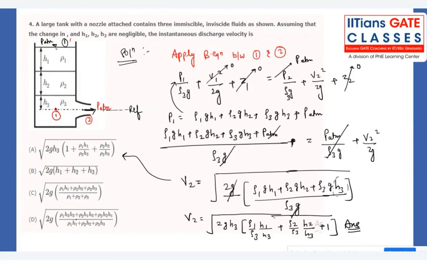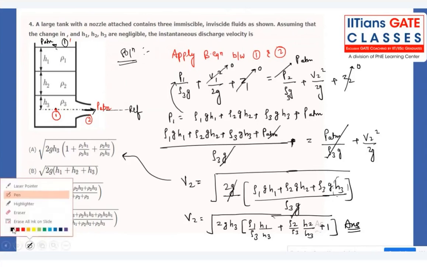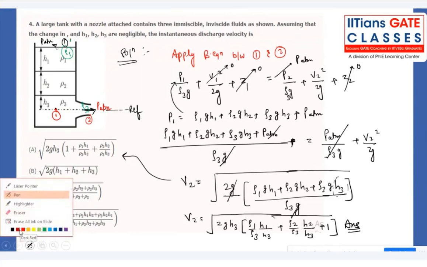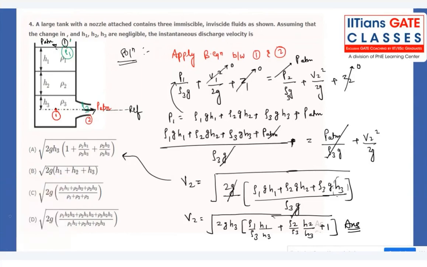You have to keep both points in the same fluid. You cannot apply the Bernoulli equation between 1 and 2 because the density at point 1 is rho 1 and at point 2 is rho 3. According to the Bernoulli equation, whenever you apply it, we have to assume incompressible fluid, but here the density changed.